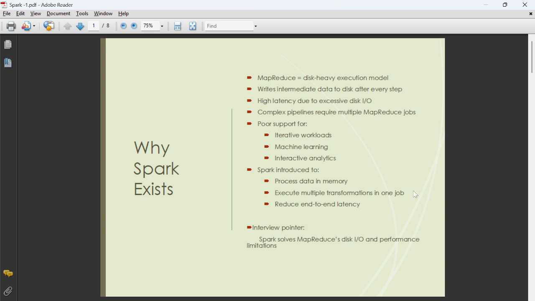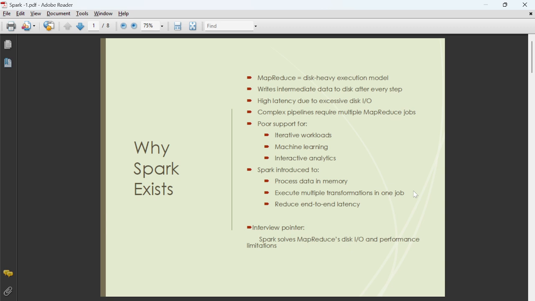To understand Spark, we need to go back in time to Hadoop MapReduce. MapReduce was designed to solve one big problem: how to process huge amounts of data across multiple machines, and it did that job well.